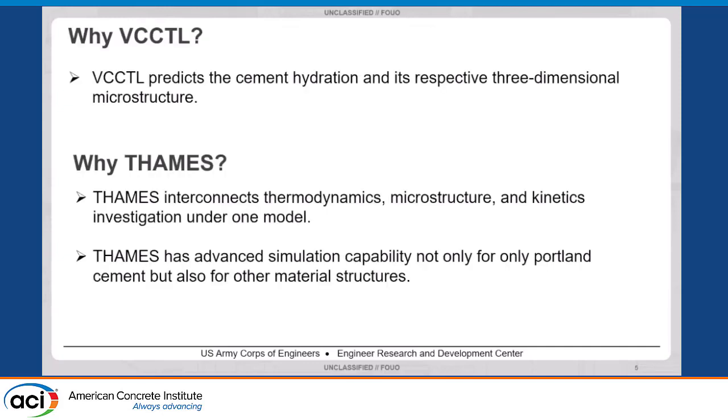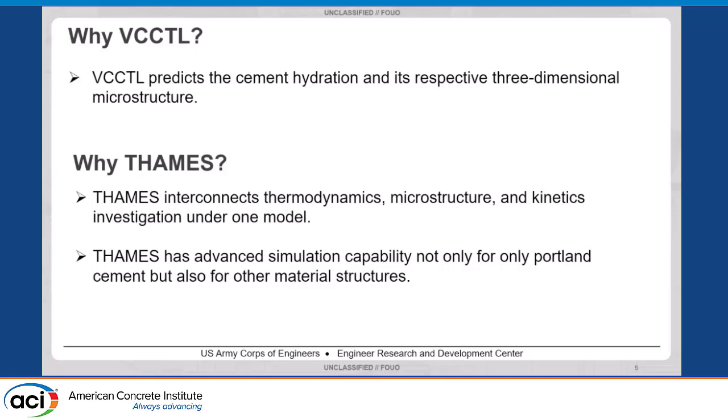That takes me to why we are interested in VCCTL and why THAMES. With VCCTL, we can predict the 3-dimensional microstructure, and we can also predict the cement hydration. Whereas in THAMES, we can interconnect the thermodynamics, the kinetics, and the microstructure, all under one model. THAMES is much more expensive.